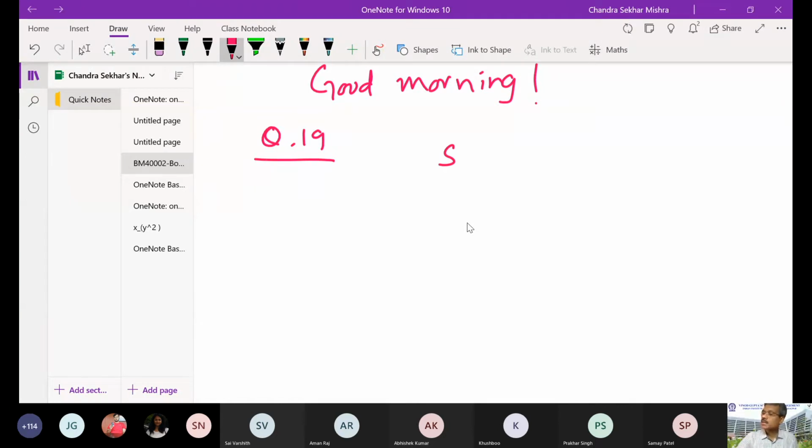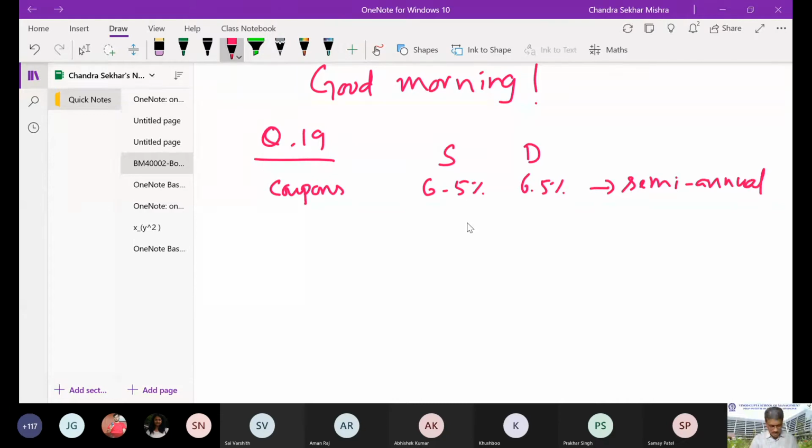So let's say S and D, and both have coupons of 6.5%, but it is semi-annual, both of them. That means how much will you get every 6 months on 1000 rupees? Anyone?